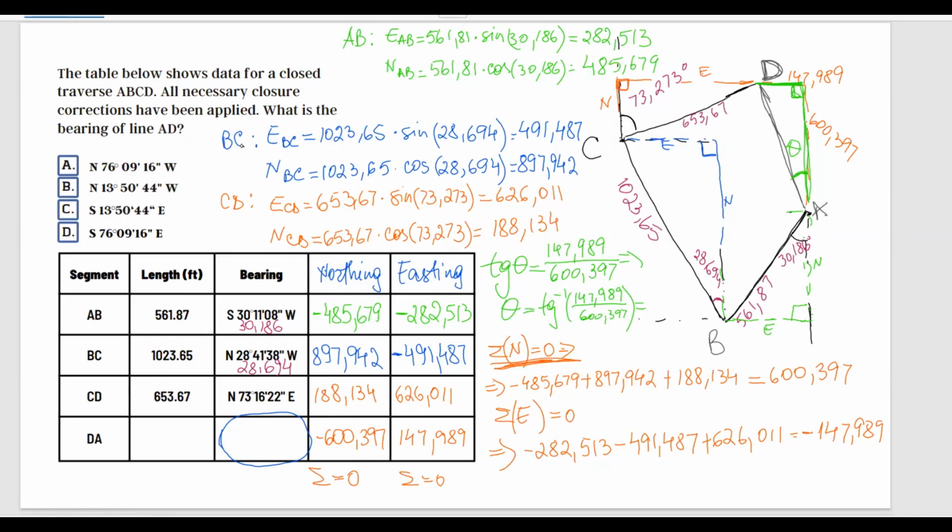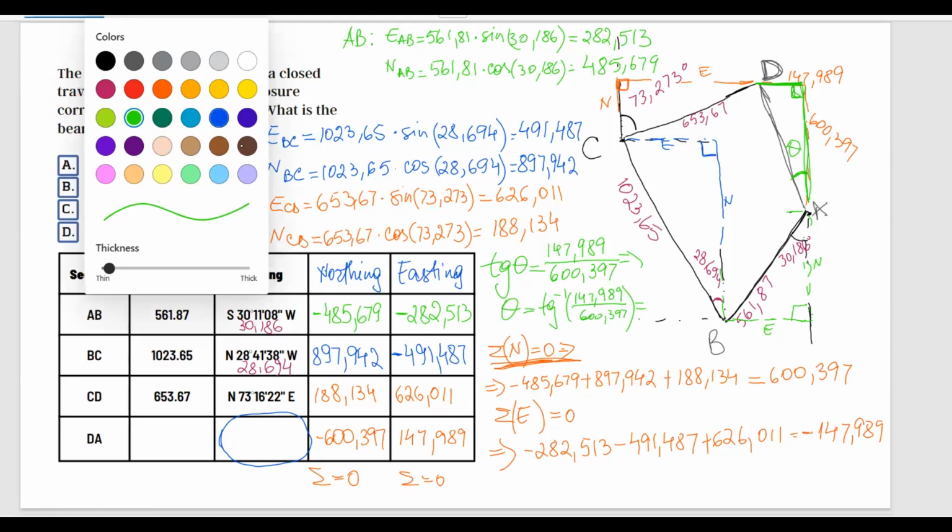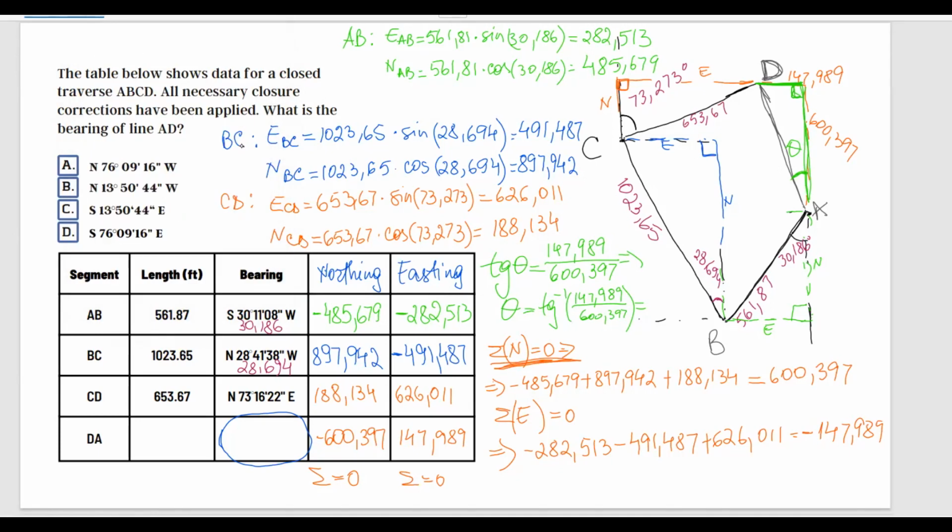So I get that angle theta is equal to 13.8465. I'll approximate it, 13.85 degrees. So here we found 13.85. Now in the options, I'm given the value in minutes and seconds, but that's all right.